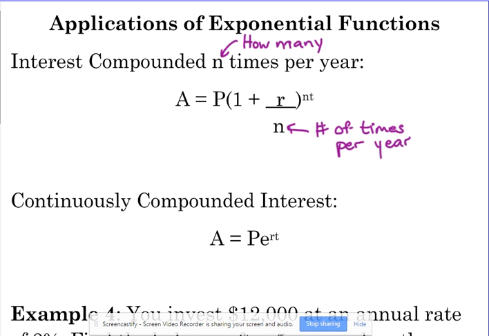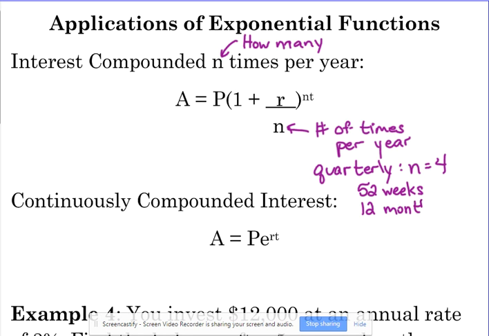So if it says that it's compounded quarterly, what is n equal to? 4. Okay, if it's compounded quarterly, every quarter of a year, that's 4 times. n equals 4. How many weeks are in a year? 52. 52 weeks, 12 months.